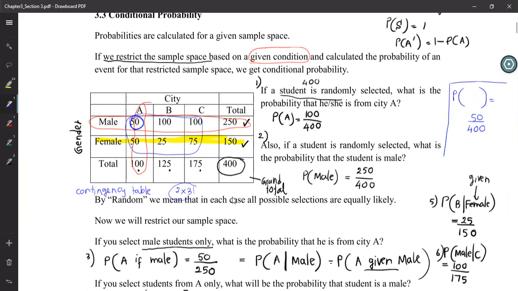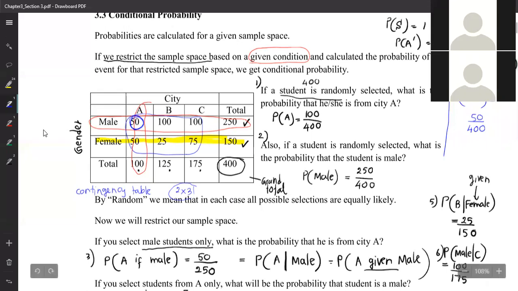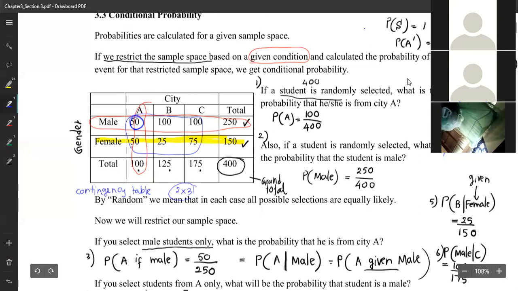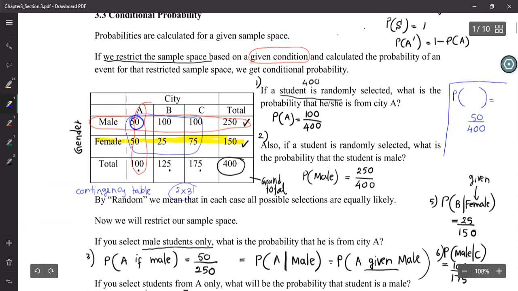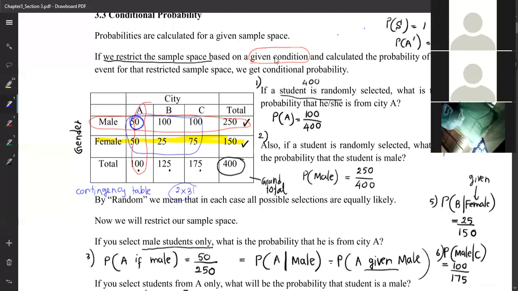Those are the students who came from city A and also male. So how do you write it? A intersection male. Can you see that? Now, this is a general probability.